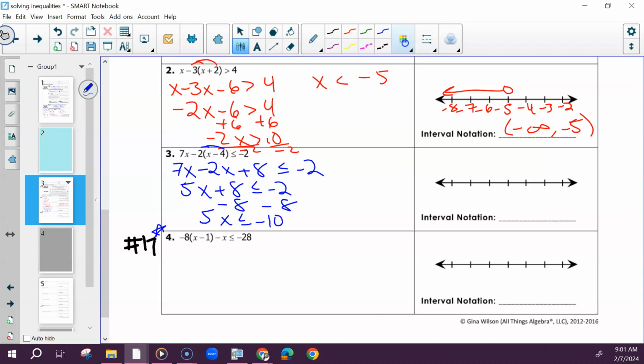Is the sign going to change when we divide? No. So x is less than or equal to negative 2 should be our solution, our inequality notation. Go ahead and graph that.